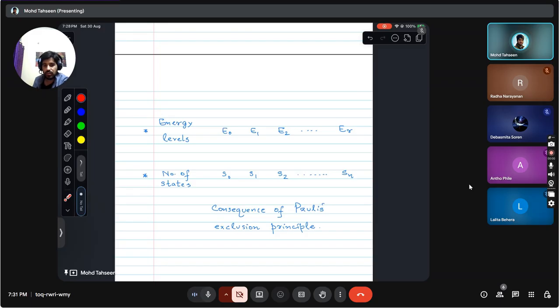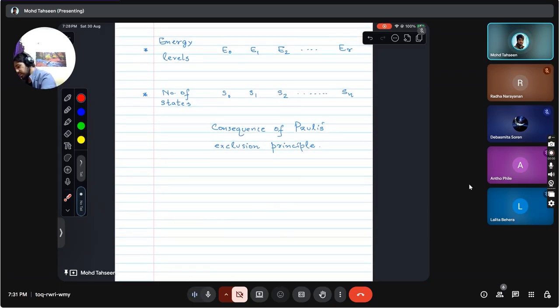That is what Pauli's exclusion principle tells us, and it is applicable to all systems, not just electrons. So we are going to assume a maximum limit corresponding to each energy level that we denote by S, and similarly for the rth energy level there will be SR number of states.